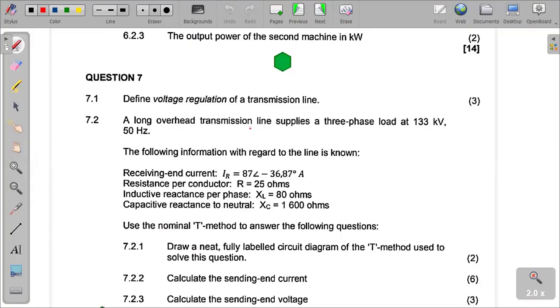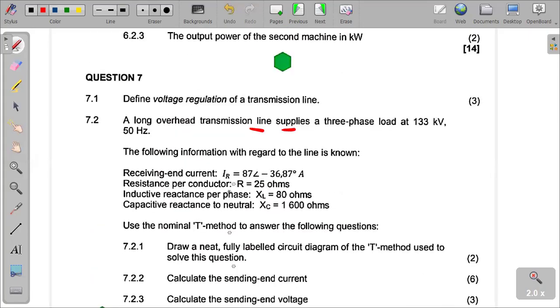Because of the losses that occur in between due to the inductance and the resistances in the transmission lines. Those cause a loss, and those losses result in the difference between the sending end voltage and the receiving end voltage, where the sending end voltage is always greater. It is good to note that.